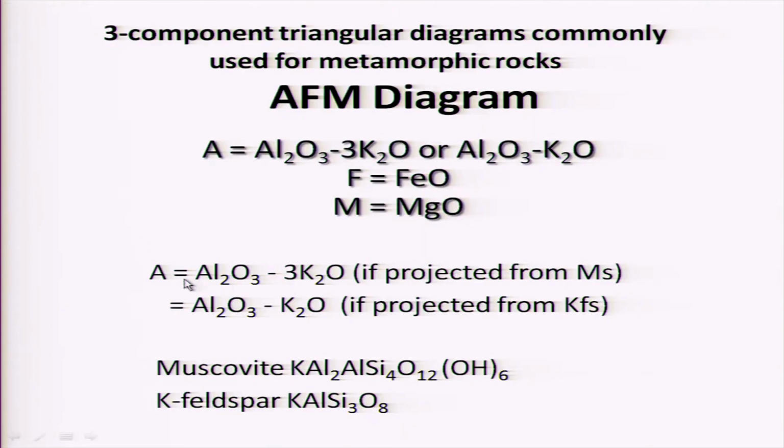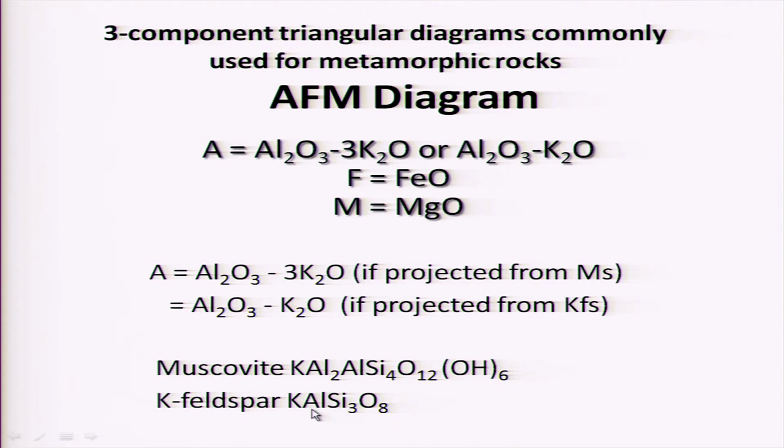Again, to recall, A in the AFM diagram is computed as A equals Al2O3 minus 3 K2O. When we are projecting through muscovite, it is considered that muscovite is always present in the assemblage, so it is quartz plus muscovite. However, in some metapelitic rocks at very high grade, muscovite is consumed and transforms into another potassium bearing phase, which is potash feldspar.